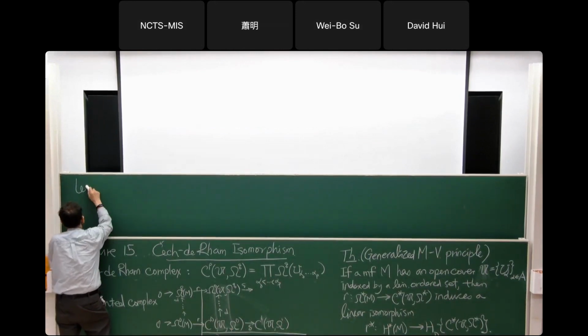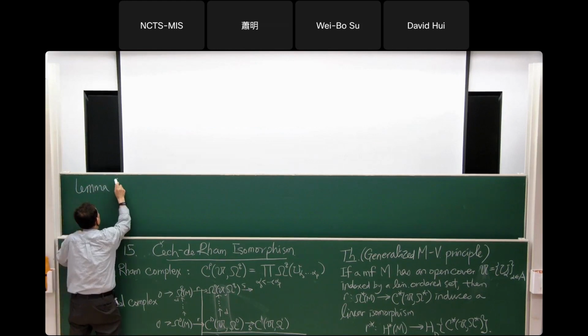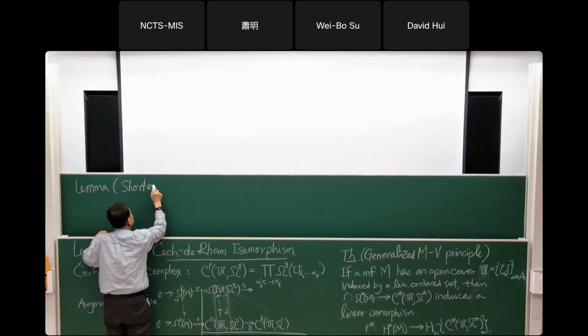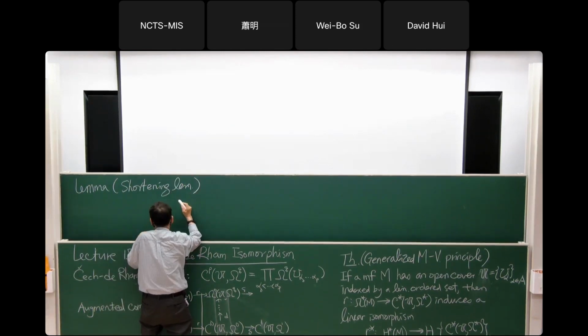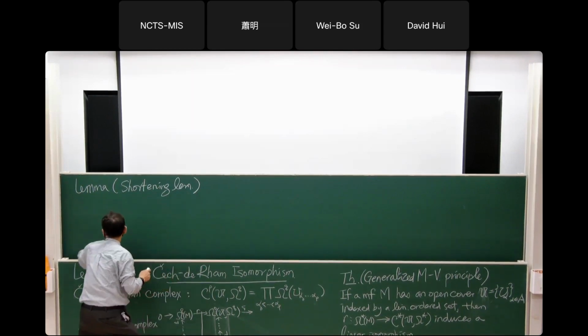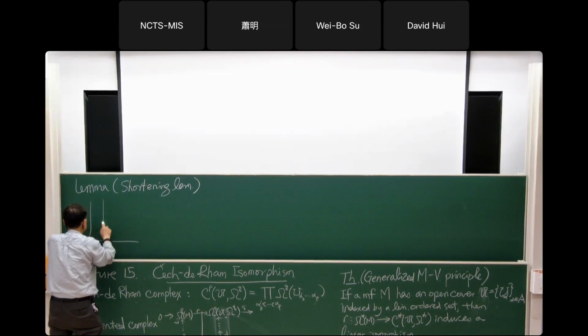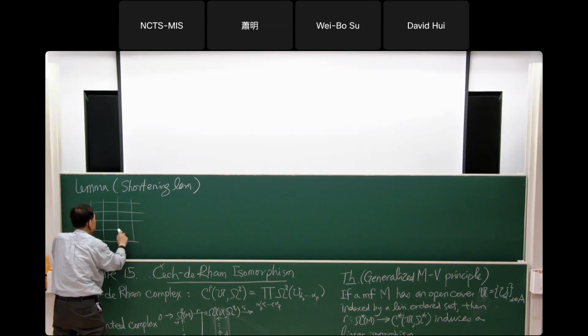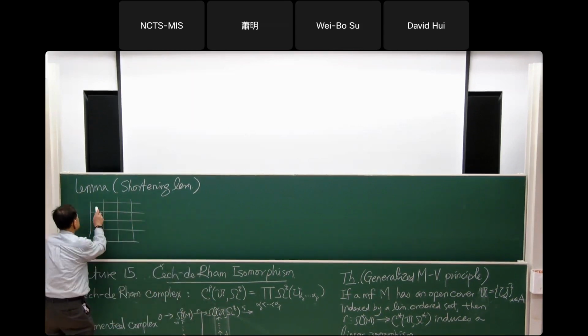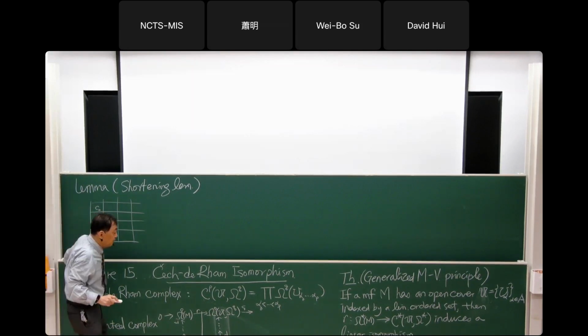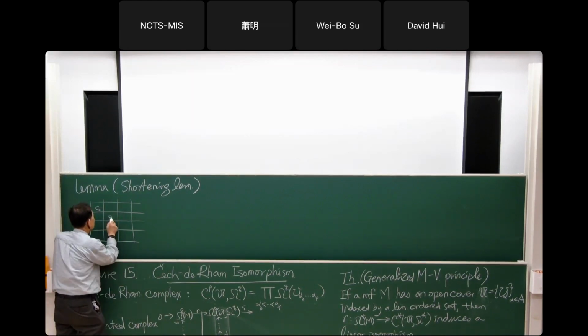So I begin with a lemma. It's called the shortening lemma. What it says is that if you have a situation like what we have here, where the rows are exact except possibly at the 0th term, and you have a cocycle in the double complex, say of degree n.